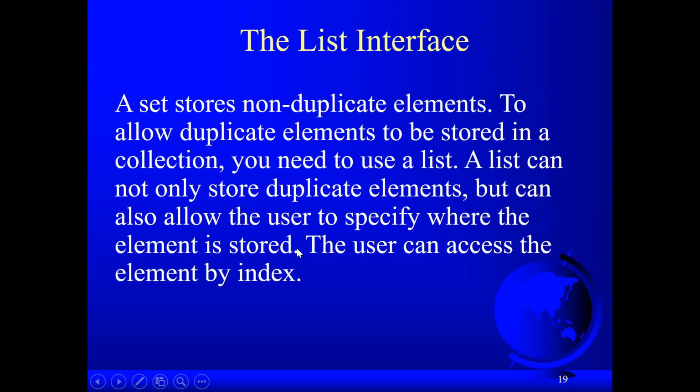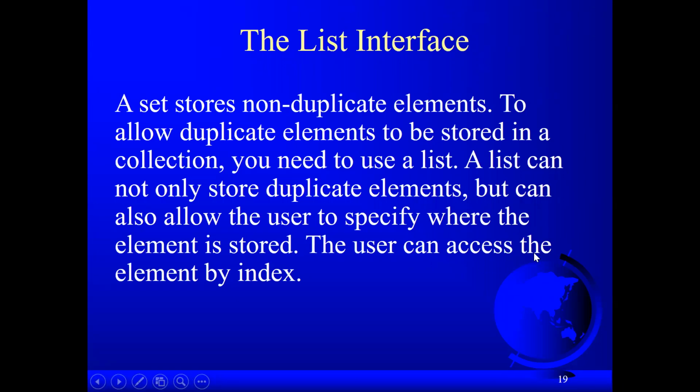Also, with the list we can define the position, allowing the user to specify where the element is stored, meaning you add at the start, or at the end, or before some particular index. All such facilities are supported by list.